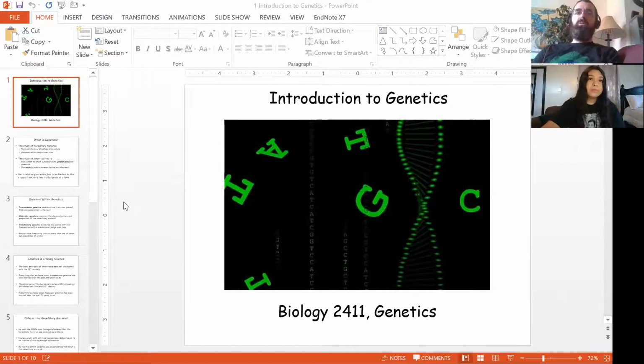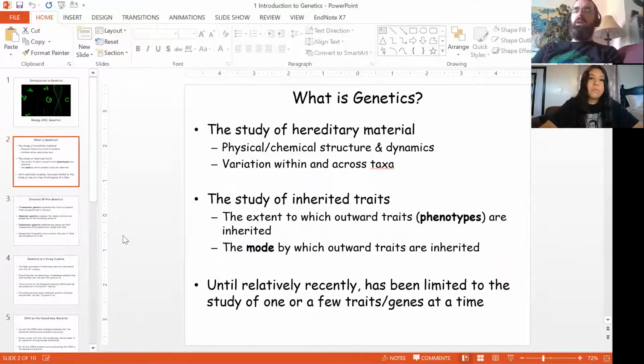And so really, when we're talking about genetics, we can talk about all of those things. Really, it boils down to one, hereditary material. So this is stuff which is passed down from generation to generation. And what does that heritable material do?